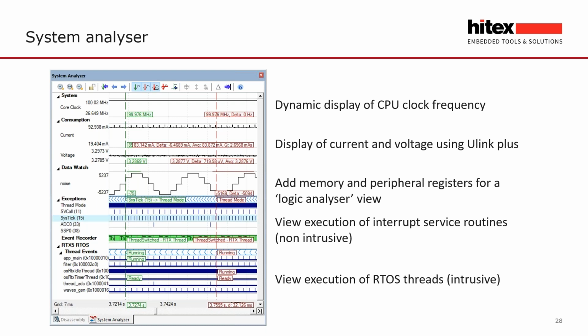And then finally at the top, we can see the frequency that the CPU is running at. So again, when we do our first Hello World program, we can make sure that we've set up the debug clock tree correctly, and we're getting the processor running at its maximum speed. But also, if we're dynamically changing that clock during runtime, we can see the effect of that as well.